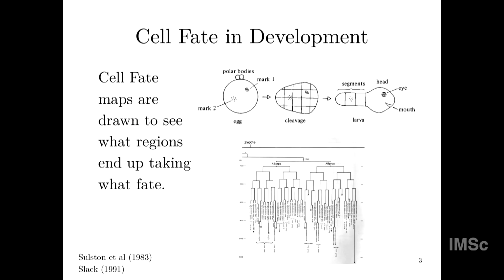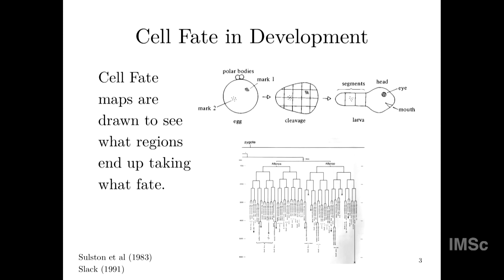To give you a sense of how you would think about cell fate in development, there's this cartoon where you start with a single cell, and this single cell divides, and then at some point differentiates. Different cells of your body end up taking a different fate. You can have a skin cell, you can have a neuron, and so on.